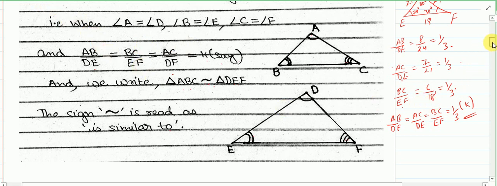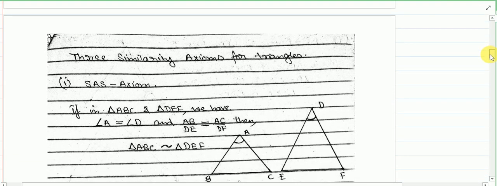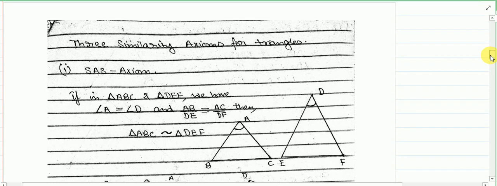Now let us see next. So we should have some formula, you can say, or condition which should confirm that the given triangles are similar.